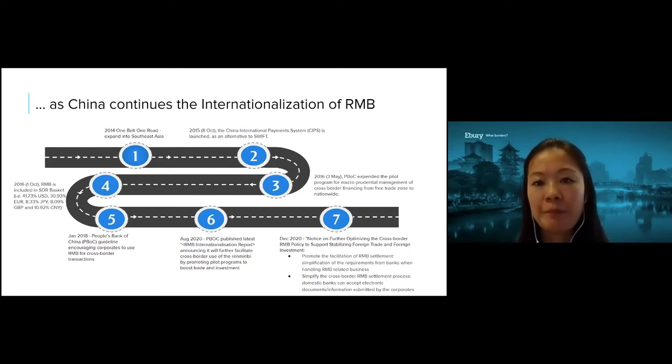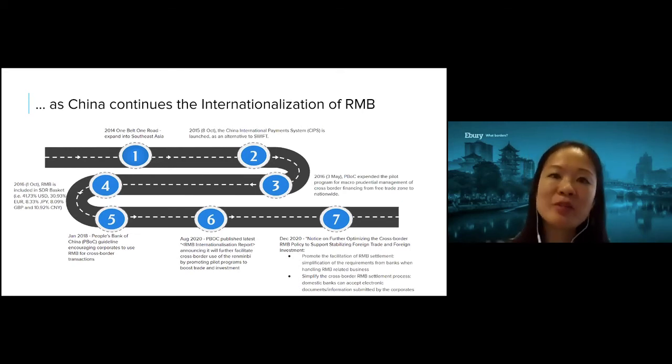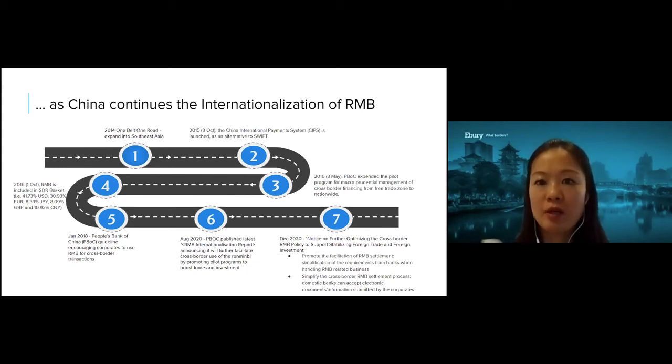This guideline, the aim was to make much smoother the process of receiving RMB through the bank and allowing the corporates to directly submit the required documentation related to the trade on an online basis without having to go to the bank's branch each time. So this guideline was issued at the end of last year, and it actually came into full force starting February of this year.